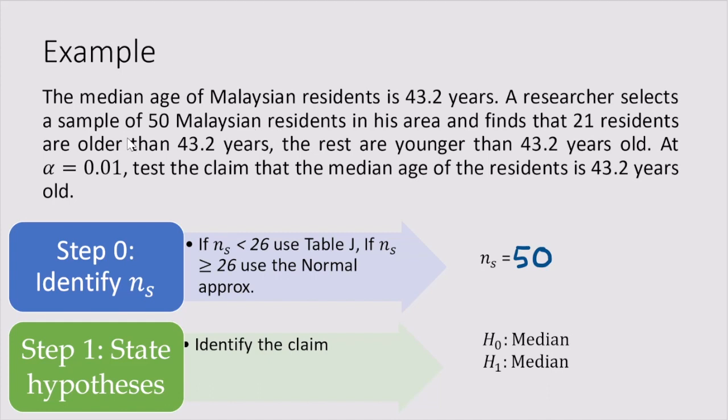Okay, a sample of 50 Malaysian residents, and finds that 21 residents are older than 43.2. The rest are younger than 43.2.